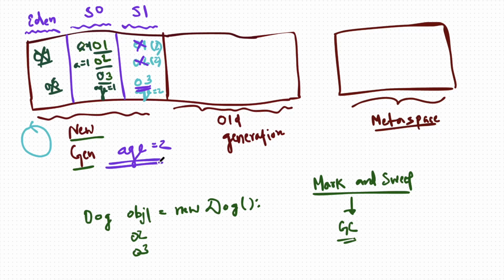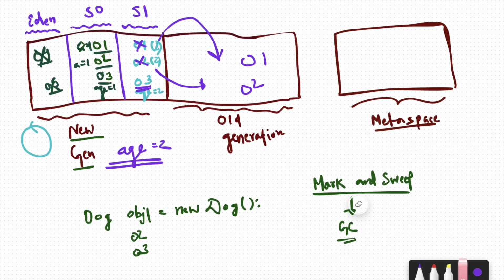Once we reach the threshold of age 2, this will go into the old generation. Here O1 and O2 will survive for a long while, and then they will be deleted later on. So now we have to save O3, and O3 will again be moved to S0, and the garbage collector will come and remove this.